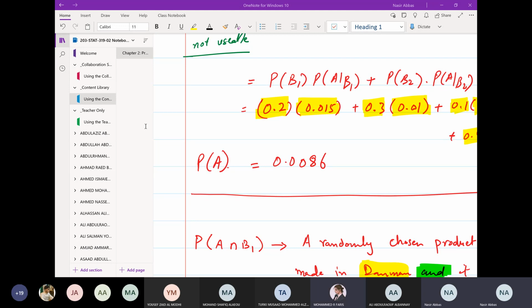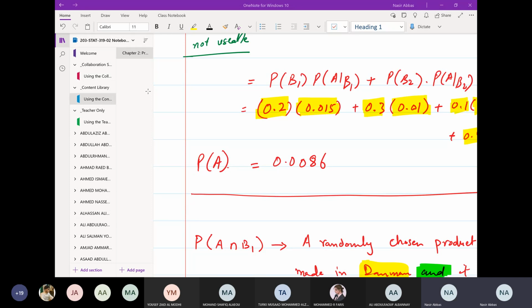Okay, another question. If I pick a manufactured object randomly, what is the probability that it will not be defective? Who can tell me? Raise your hands. Muhammad Faris: Not defective, right? 1 minus probability of A, simply.